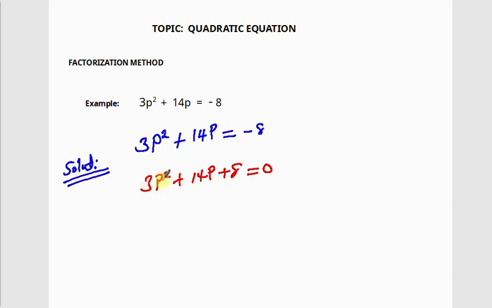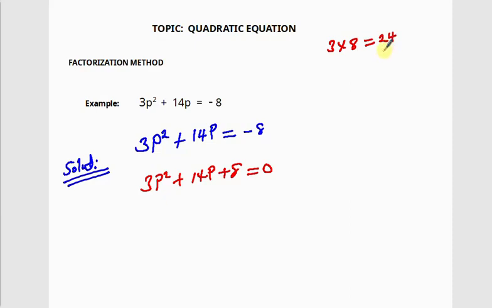So now what we are going to do is that we have the coefficient of p squared here as 3, and we have a constant value here as 8. You multiply the two together, which is 3 multiplied by 8, it will give you 24. Right? That is the first step that you are going to take.